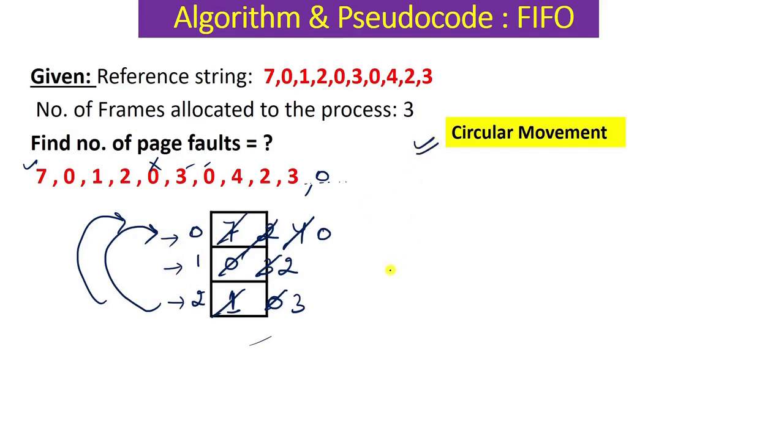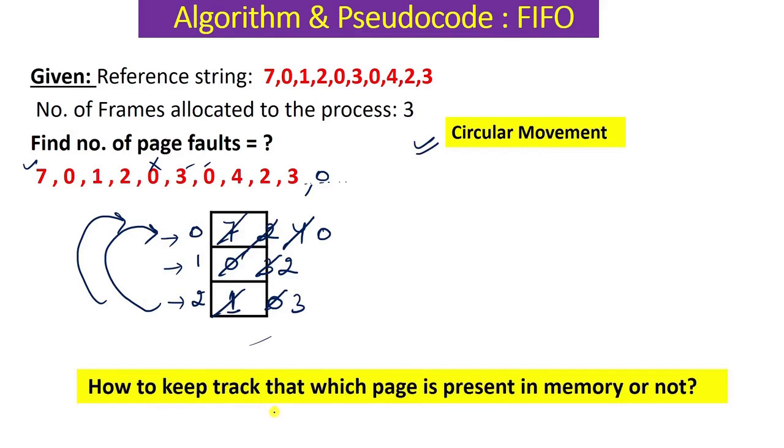Now the next thing is how to keep track of which page is actually present in main memory or not. When CPU wants to access 7, how will we come to know whether 7 is present inside this frame array or not, or whether 0 is present already in the frame array or not?